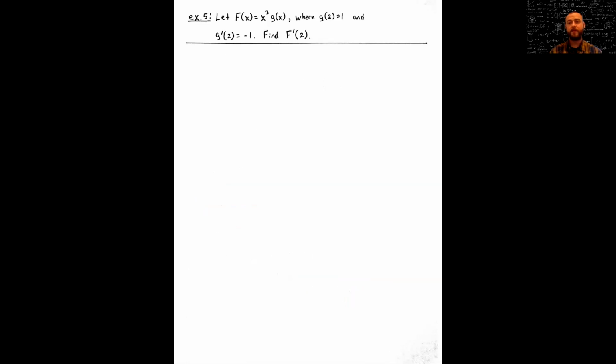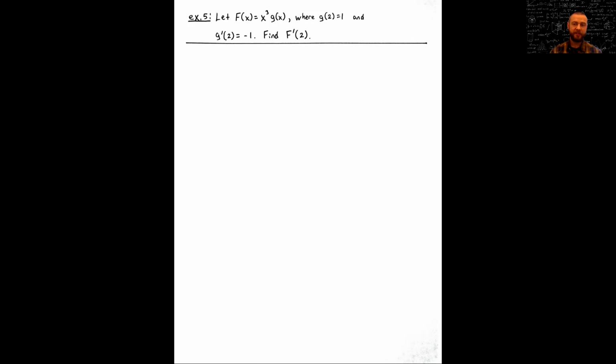What we are told in the problem is not an explicit formula for g of x, but rather we're given information for the values of g and its derivative at x equals 2. So we're told g of 2, the y value, is 1, and then g prime of 2, the derivative, slope of a tangent line at 2, equals -1. All right, the question wants you to then find capital F prime of 2.